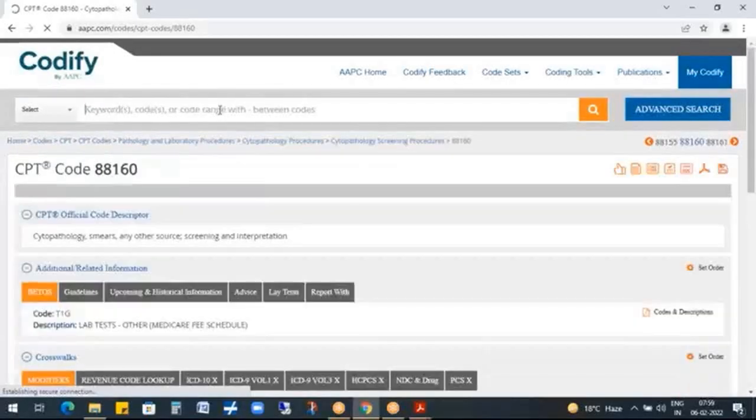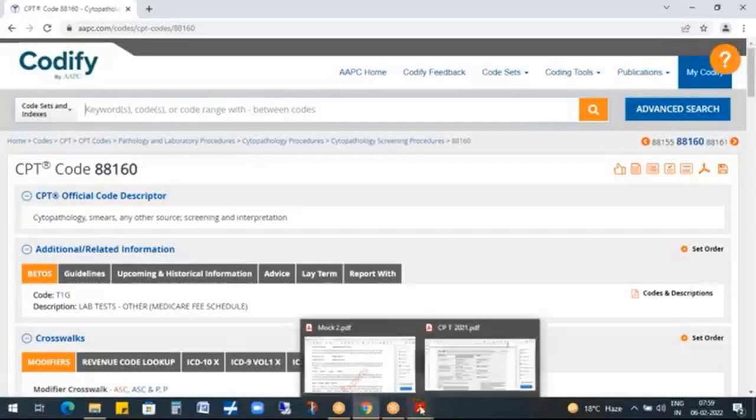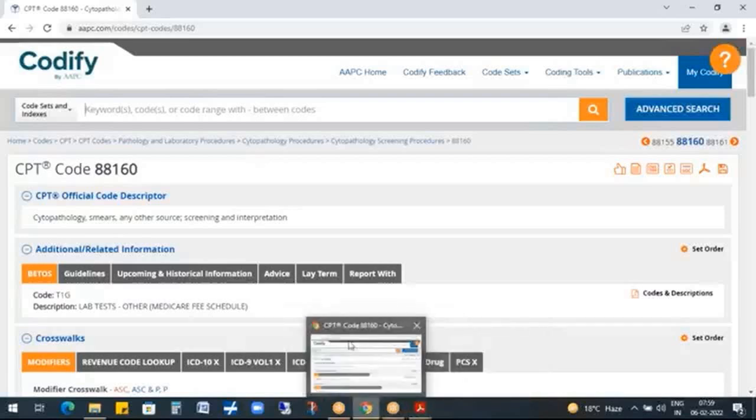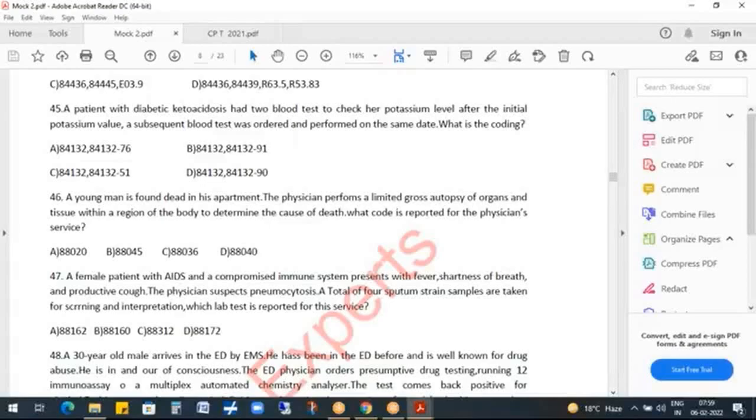88160 is interpretation and report; you can see cytopathology from any other source, screening and interpretation. Yes, sir. Only if they documented a minimum of 5 can you go with that code. Okay, sir. One more doubt: in 88162, there is a parenthetical note about aerosol collection of sputum.